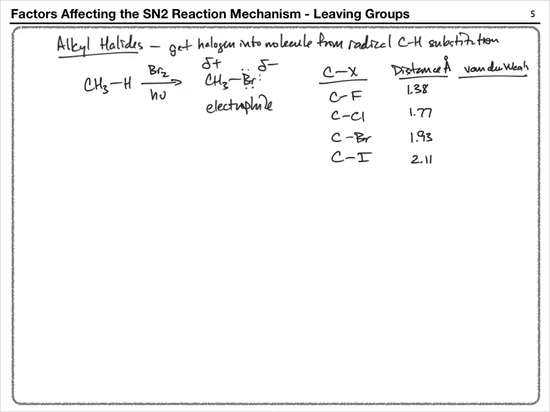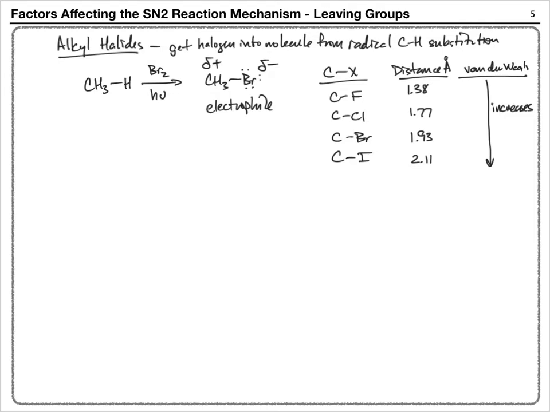As a trend as well, for just the halogen itself, the van der Waals atomic radii, from fluorine to chlorine to bromine to iodine get bigger, right? That helps explain why the distance between the carbon atom gets longer, because there's less orbital overlap.